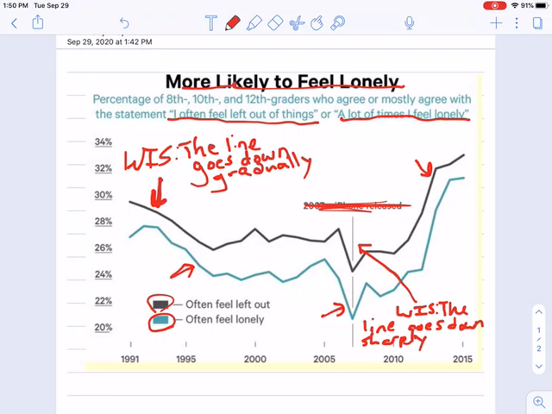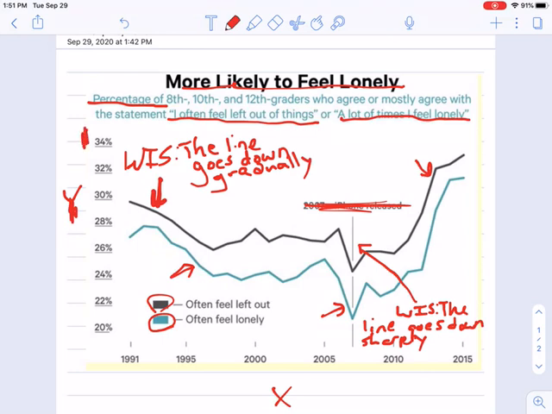If we're looking at our what I sees from the black line only, we can go up here and see that this is our y-axis. The way that I remember that is a y has an up and down like that. This is our x-axis. We already know this is not a well-labeled graph, but up here we see percentage of 8th graders who agree or mostly agree, so these are percentages on the y-axis.